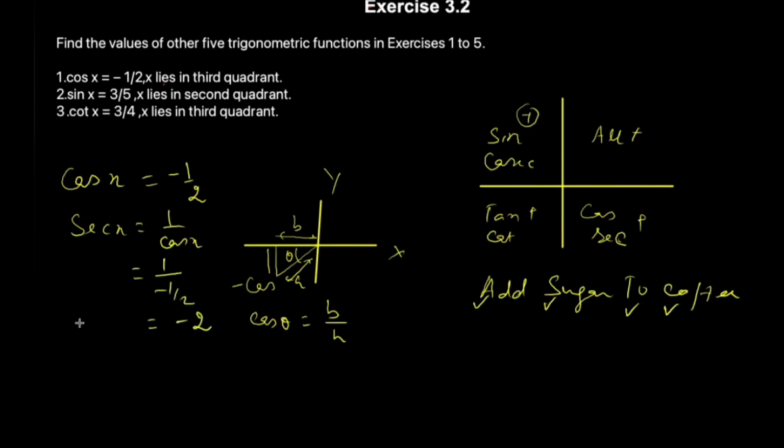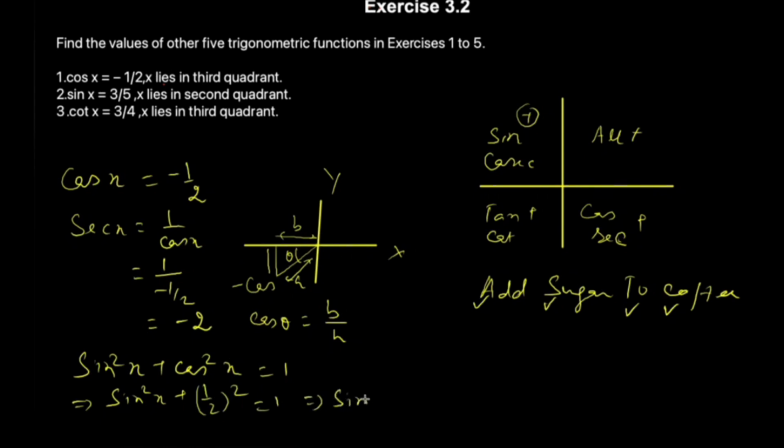Now when you know cos theta, you can also find sin theta, because you know the trigonometric identity sin square theta plus cos square theta equals 1. You don't have sin square x, but you have cos square x, which is 1 by 2 whole square, which is 1 by 4, and so sin square x is nothing but 1 minus 1 by 4, which is 3 by 4.